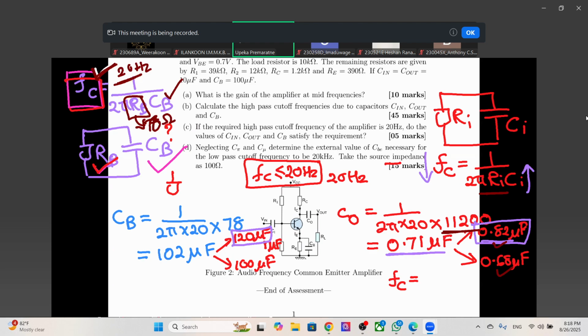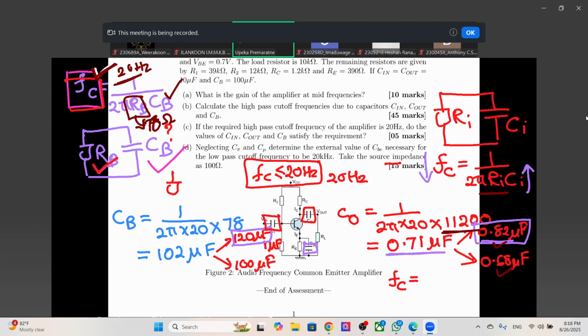Okay. So as I mentioned in class also, the bypass capacitor is different to the other two capacitors. The input and output capacitors, which block DC, are in series, but the bypass capacitor is in parallel. Because of that, the required value for the bypass capacitor is very large compared to the other two.